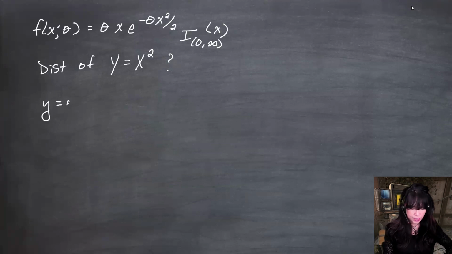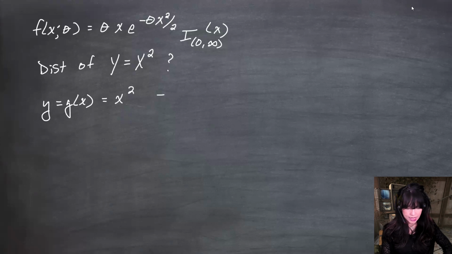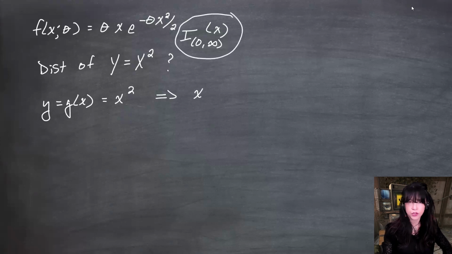This is a G inverse problem. And so we want to invert this. Now, x squared is not invertible in general, but it is invertible if all the x's are positive. So this is going to be the square root of y, the positive square root of y.